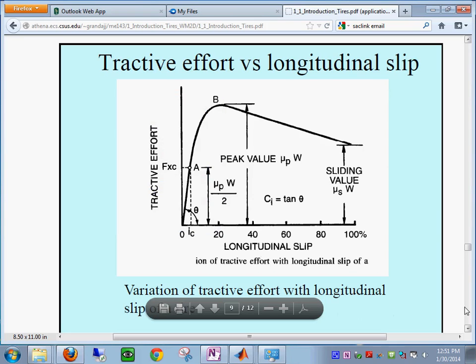Okay, we have here the tractive effort versus longitudinal slip. And again, here you have the variation of this tractive effort versus longitudinal slip of the tire. In this case, you have the sliding value, and then you have the peak value.